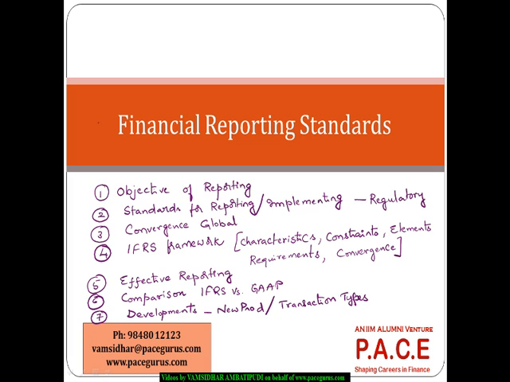So we'll start off with a basic understanding of the overview of the financial reporting standards. So the key objectives. We'll start off with the key objective of financial reporting standards, right?